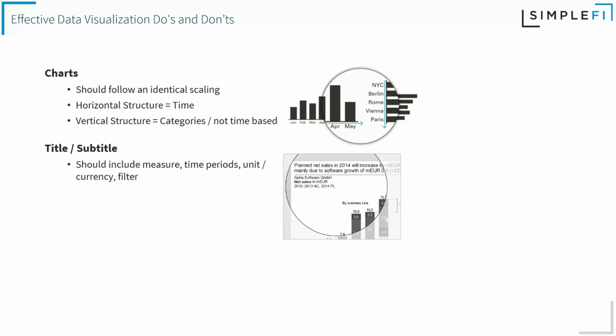But revenue by month would not be a bar chart. Anything that is not time, so revenue by country or revenue by product, would be a bar chart. It would never be a column chart. It might sound like a very small item, but by following these very simple rules, people will recognize how you're designing and structuring your dashboards.